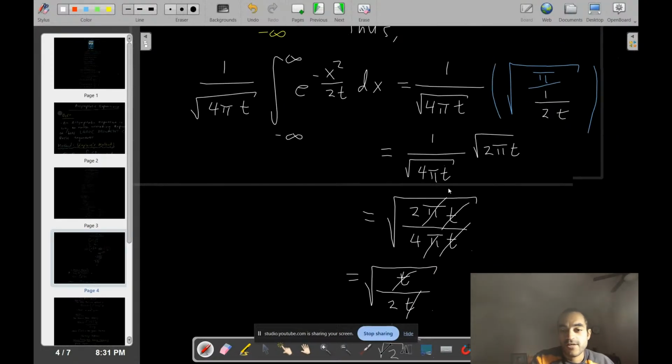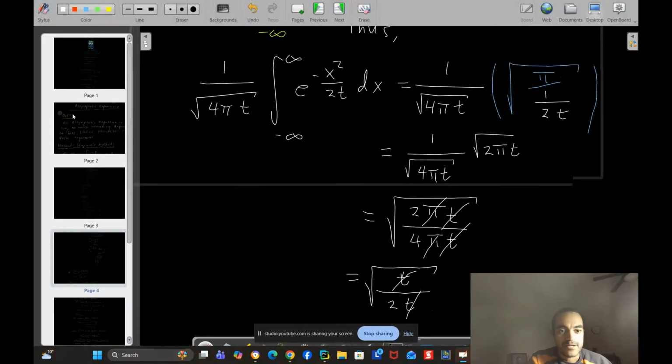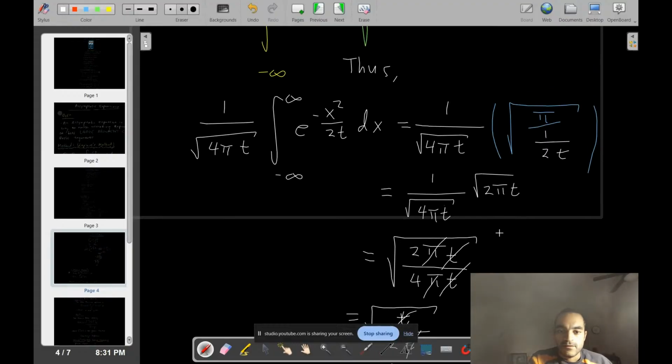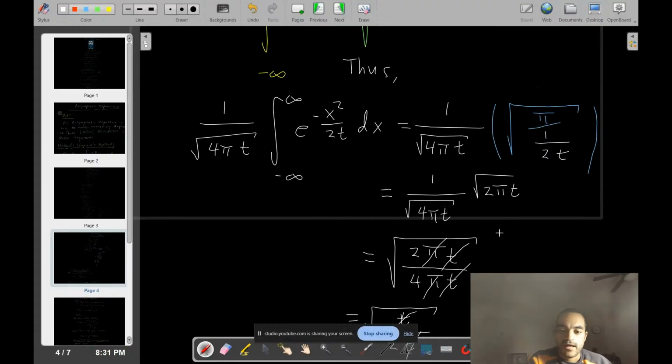Our final answer when we have a Gaussian integral is not always root pi. You need to be careful, and not just with constants. What if our integral was e to the power of a general quadratic? We can't just assume it's going to be root pi. We may have to complete the square or do other manipulations.